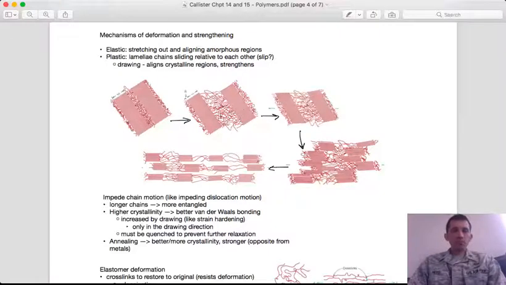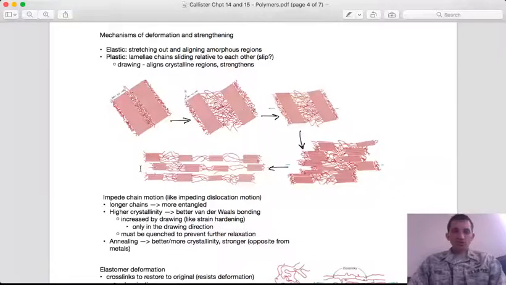Once you've stretched them to their limit, you start to yield the crystalline regions, and you would get chain sliding, where the chains move relative to one another, which sounds a lot like slip in metal systems, so that they elongate by this slipping mechanism in the direction of the applied force.